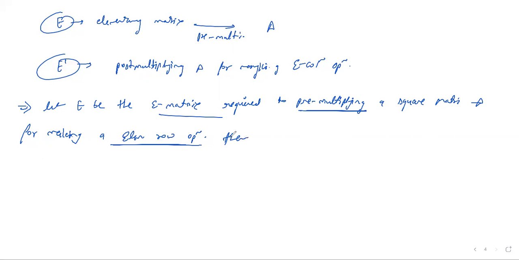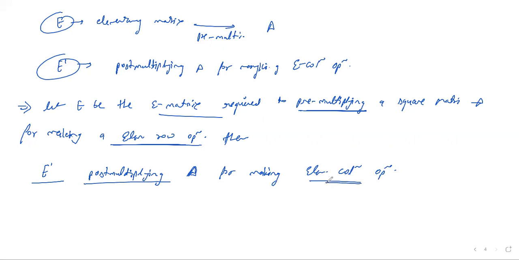Then we will have E transpose, the transpose of this elementary matrix, post multiplying a square matrix A for making an elementary column operation. So for the column operation we apply post multiplication, and for the elementary row operation we apply pre multiplication by the elementary matrix. These are very important results of these elementary matrices.